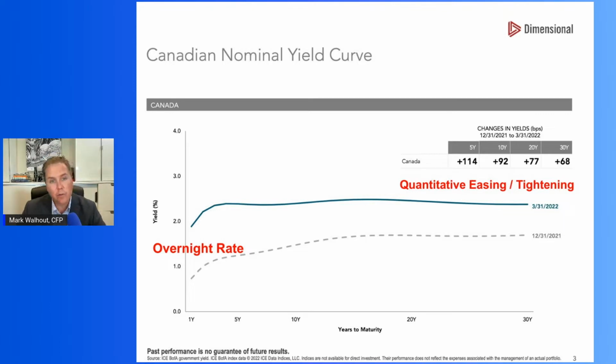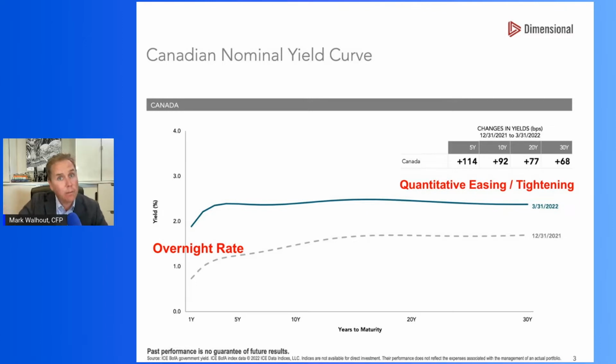Over the past number of years, they've deployed a tool called quantitative easing, and I've put that on the chart on the right hand side. Basically, quantitative easing is this: the Canadian central bank buys longer term Canadian government bonds in the open market, and by doing that, they create more demand for bonds, which raises their price.